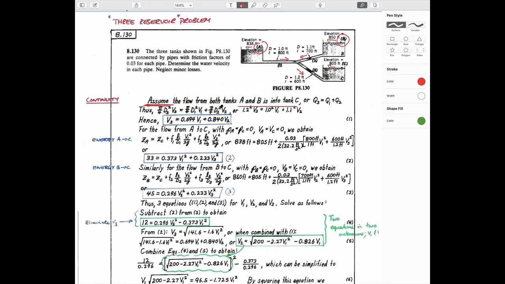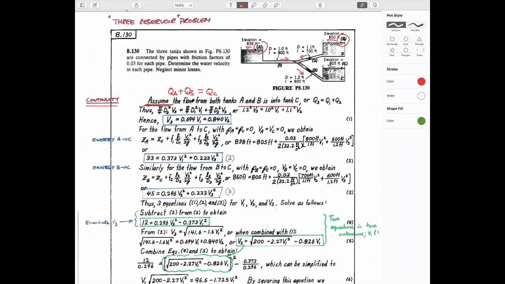If we do that, then we know certainly that QA plus QB is equal to QC from continuity.